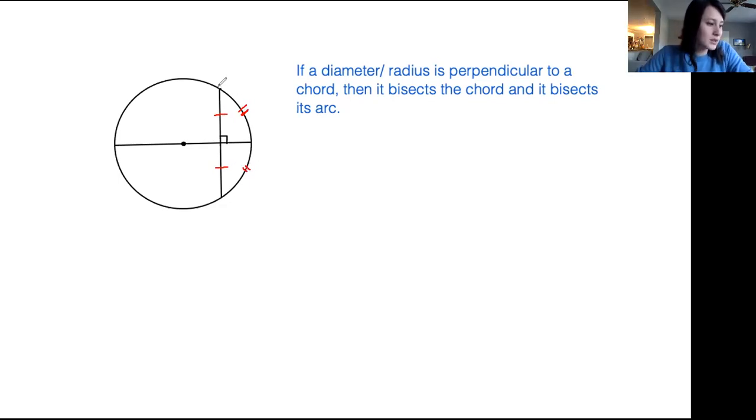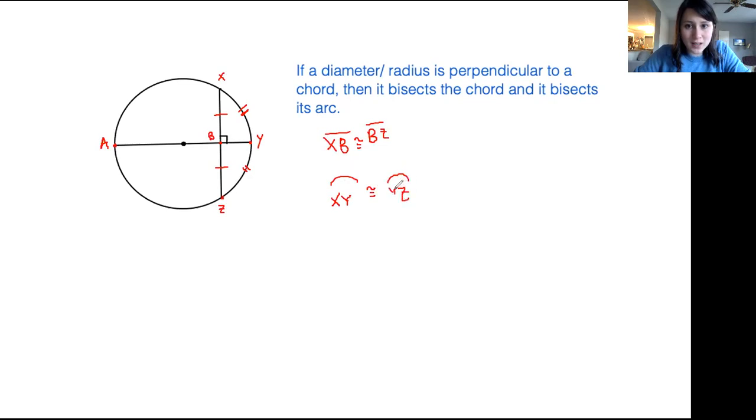And so if I were to label this X, Y, Z, A, B, then XB is congruent to BZ, and arc XY is congruent to arc YZ.